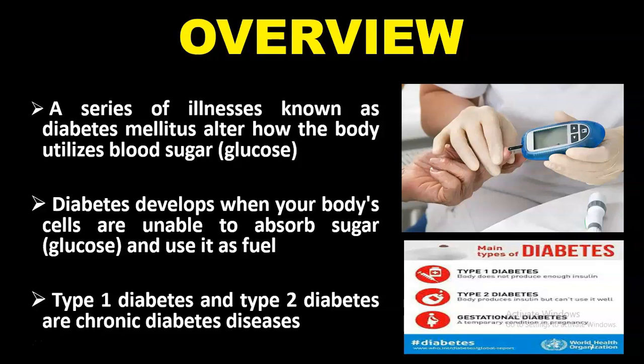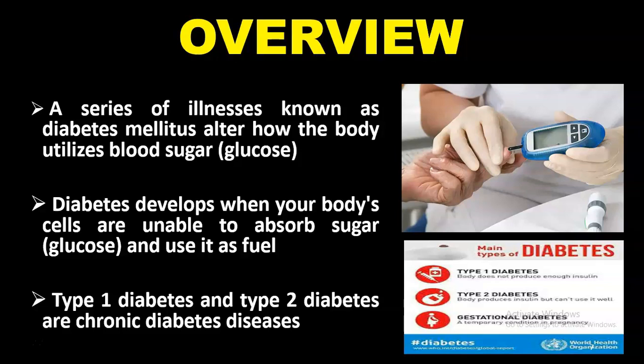Diabetes develops when your body's cells are unable to absorb sugar or glucose and use it as fuel. As a result, your bloodstream begins to accumulate additional sugar or glucose. Diabetes that is not properly managed can have catastrophic effects and harm a number of body organs and tissues, including the heart, kidneys, eyes, and nerves.